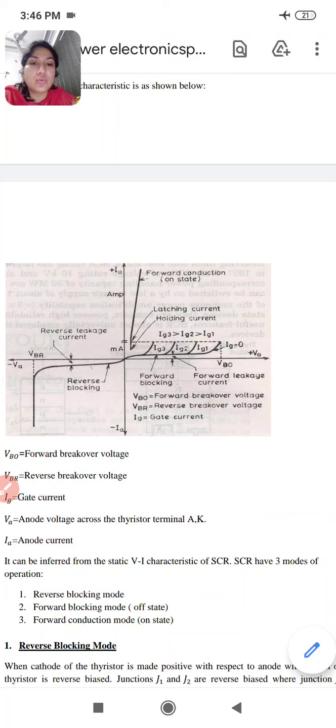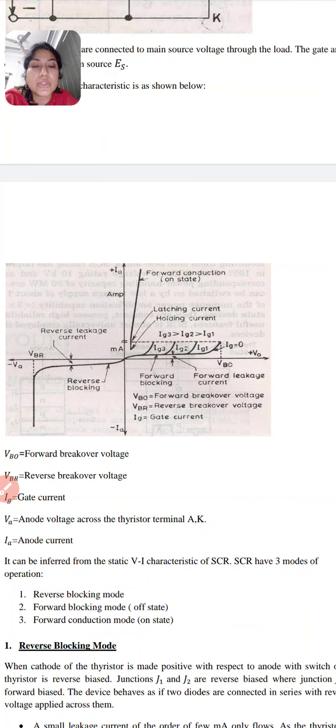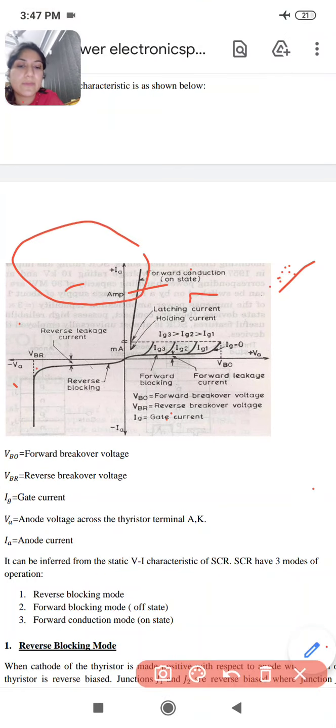But if we apply some gate current, it will conduct before this VBO. The region in which the minimum forward leakage current flows is called the forward blocking stage. Then it starts conducting, and this is the forward conduction stage.